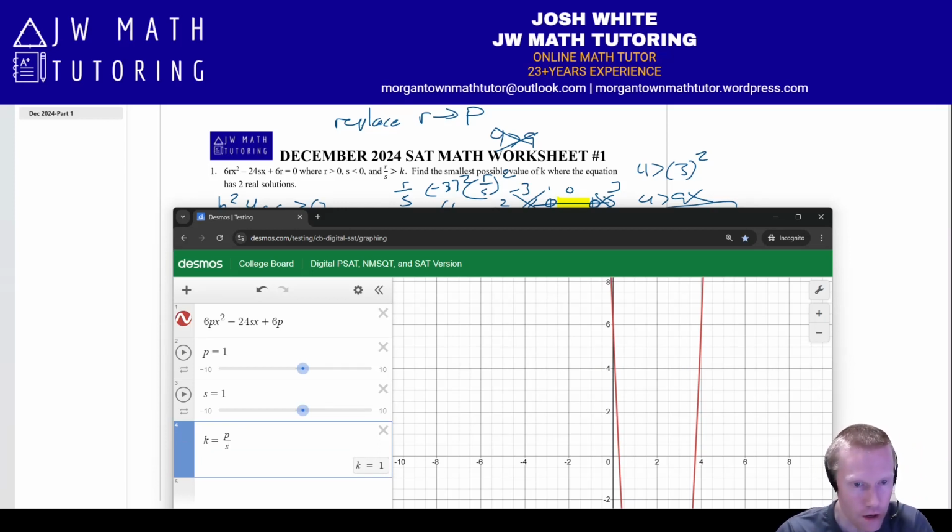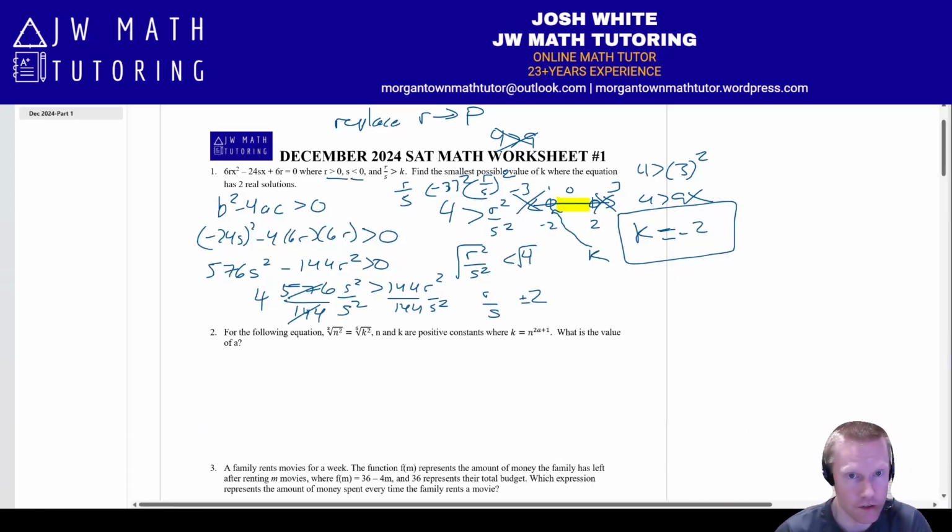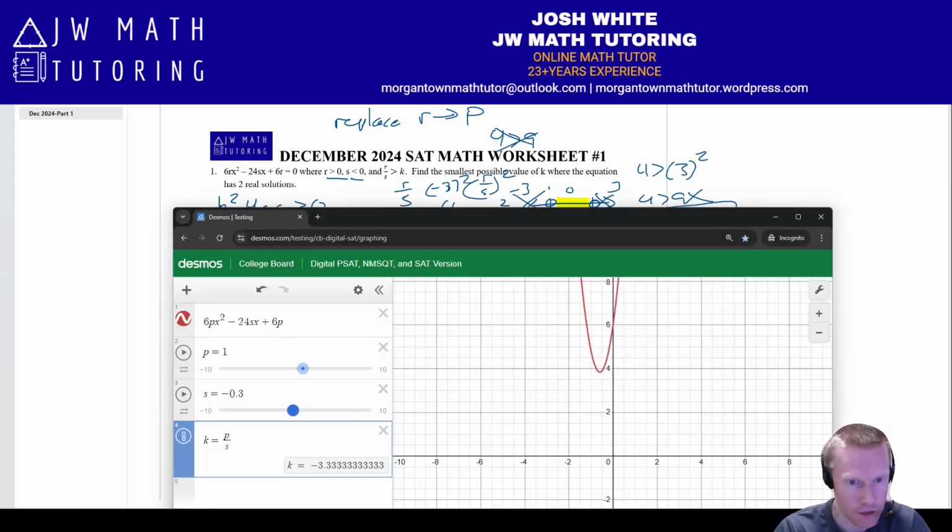Now, one thing that we do need to notice is that R is positive and S is negative. Right here, R is greater than 0, S is less than 0. So when we go to do this in the problem, we have to make this a negative number.